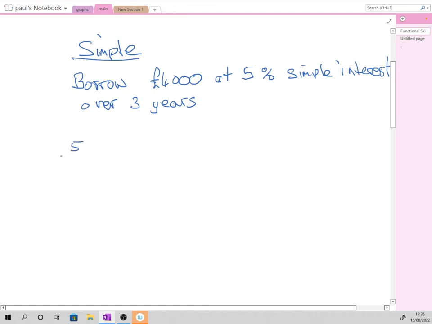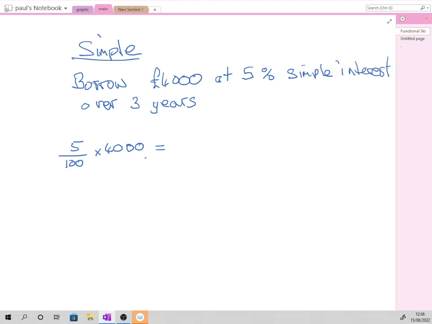It's a calculator question, so don't worry about whether it's 20 or 200 or whatever it is. Just use the calculator. 5 divided by 100 times 4,000.